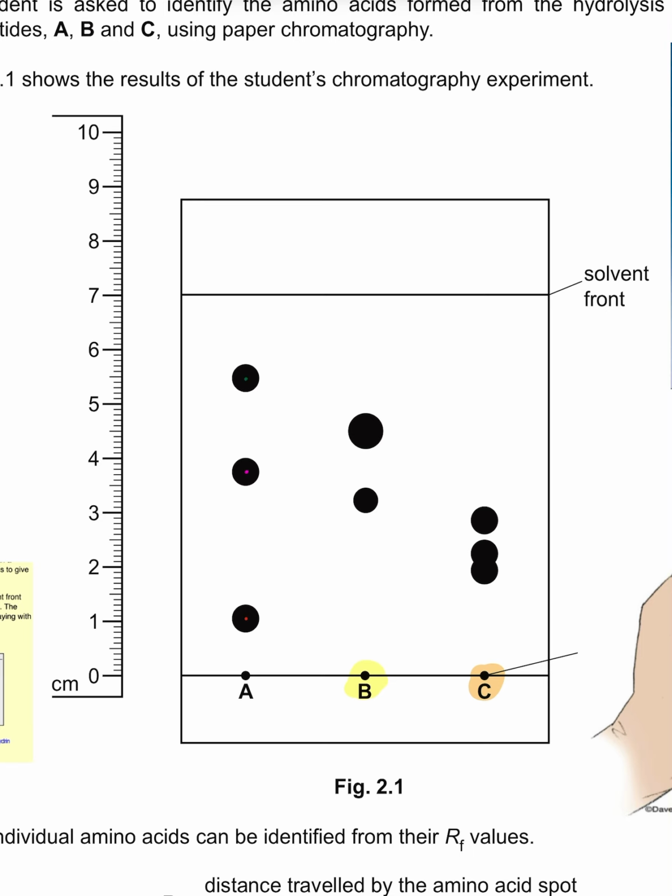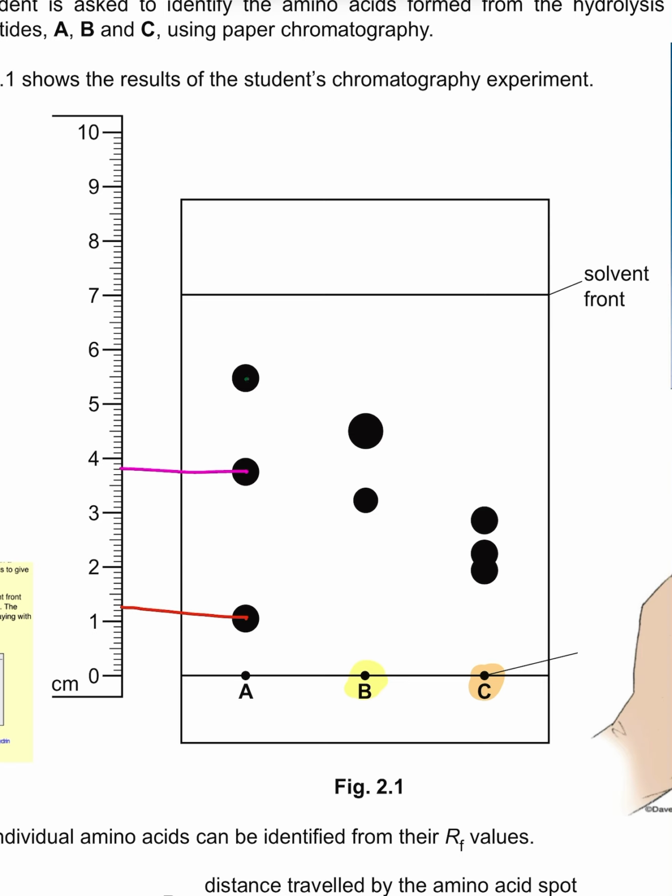I'm going to take the middle point of each and calculate the RF values. The distance traveled by the first component is roughly around 1.2, or something around 1. The second spot is something like 3.8. These are just rough estimations, and they can lead you to the final right answer.